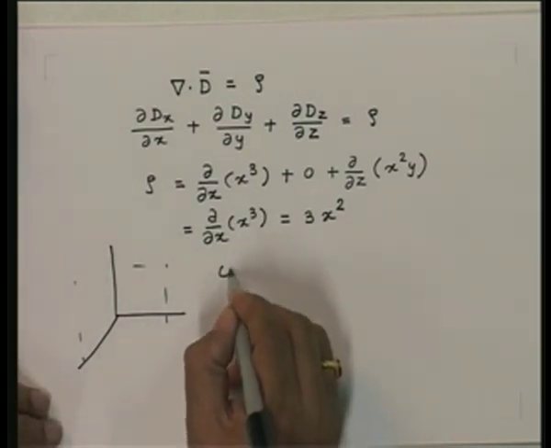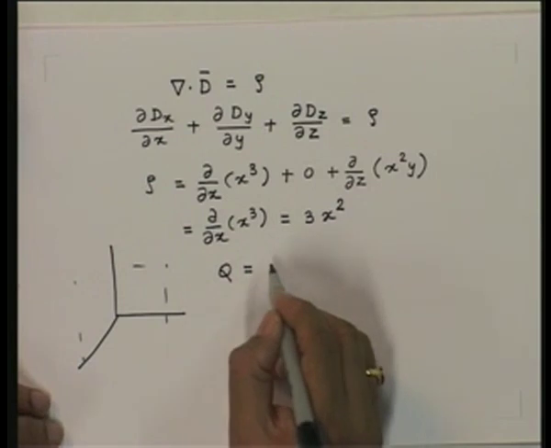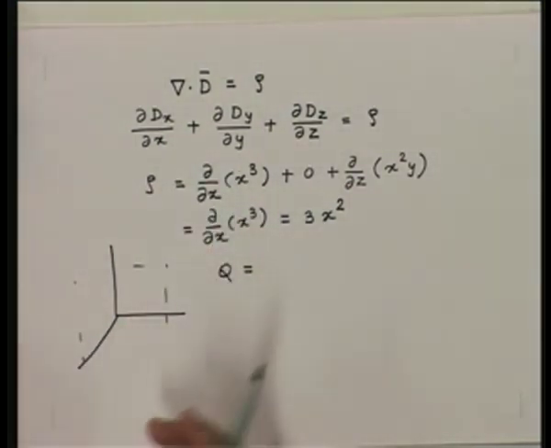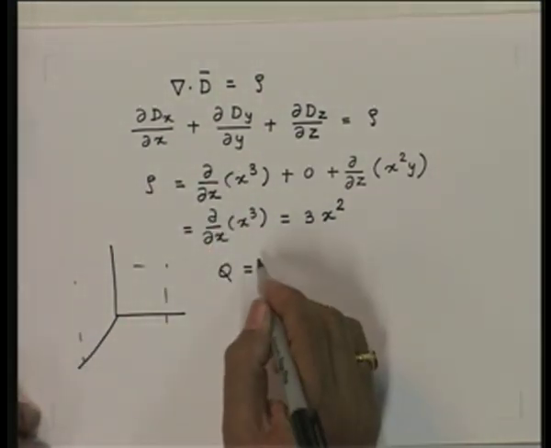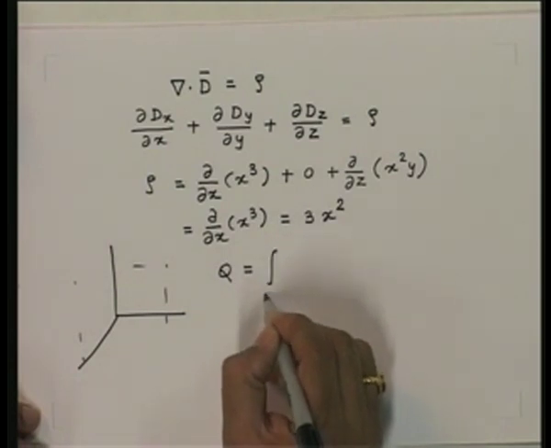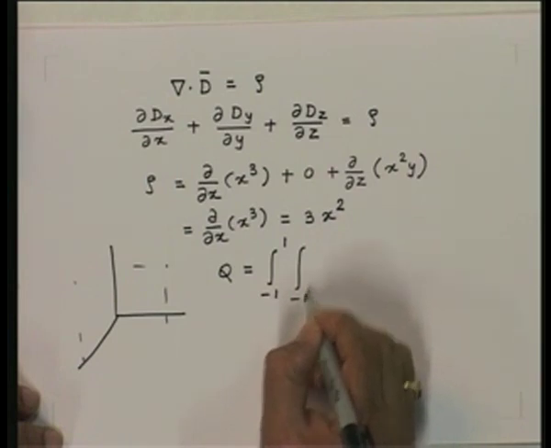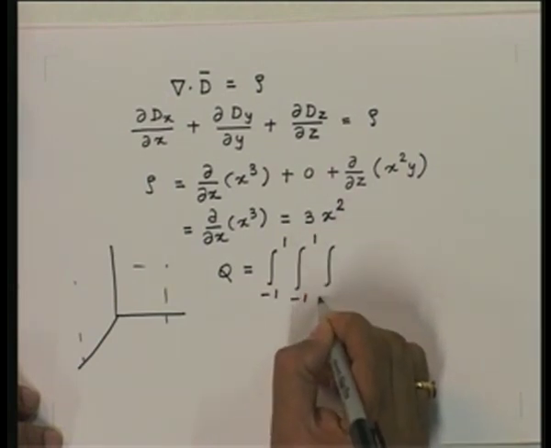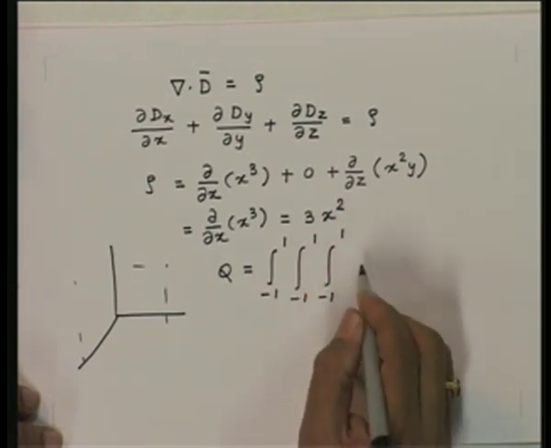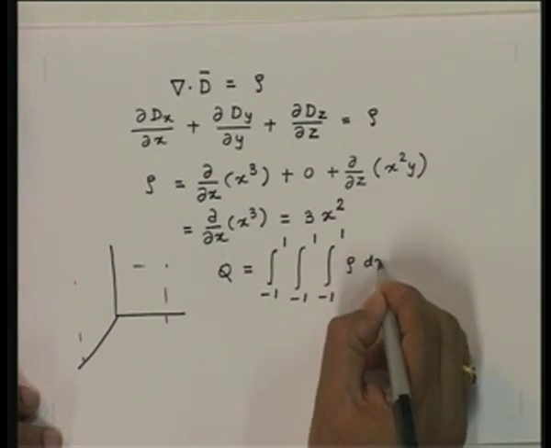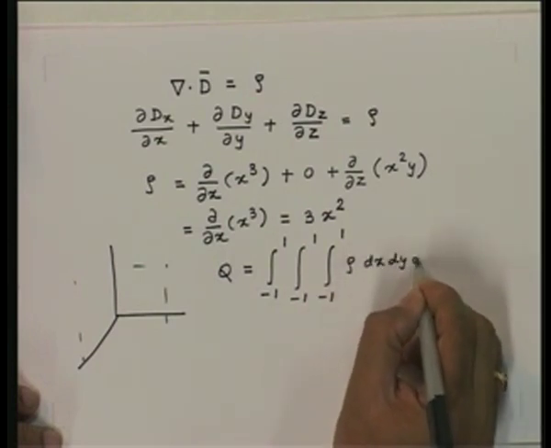So, you can get the total charge enclosed Q, that will be integrating this charge density over the cubical volume, that will be equal to minus 1 to 1, minus 1 to 1, minus 1 to 1, rho dx dy dz.